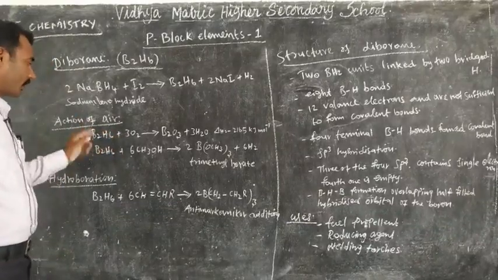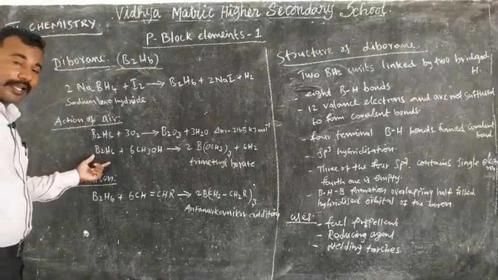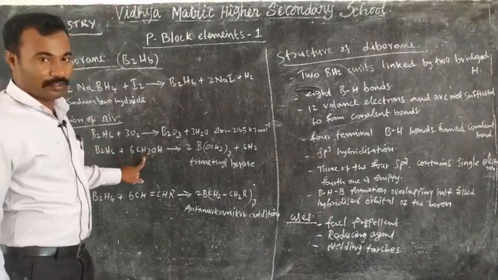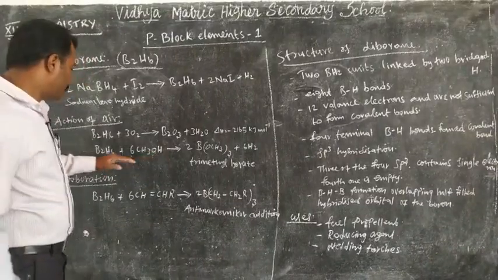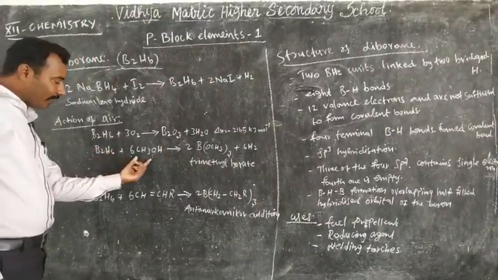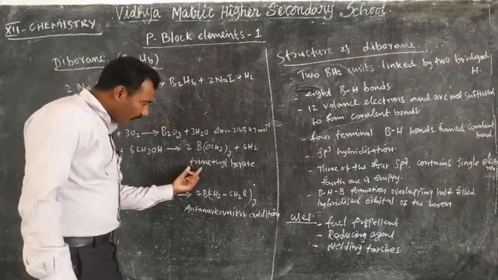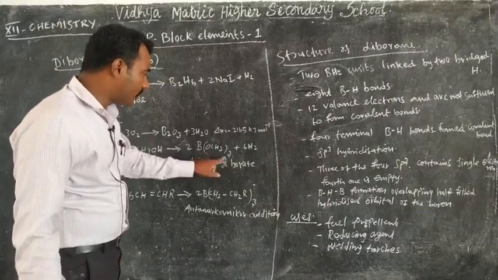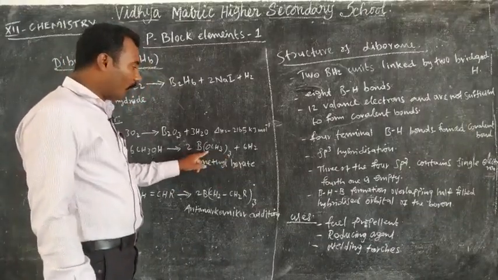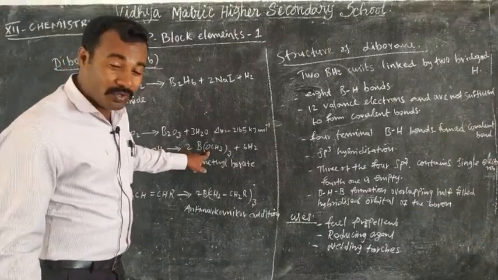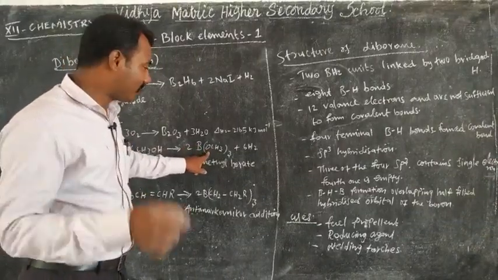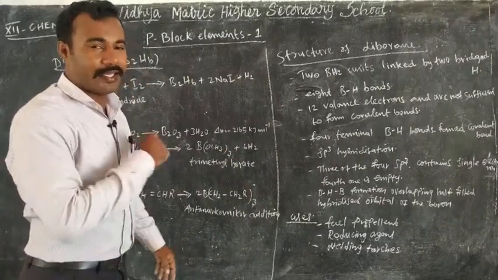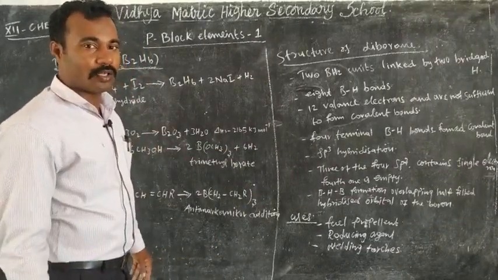Okay, good. The next one, diborane reacts with alcohol, that is methanol, CH3OH, methyl alcohol. Diborane reacts with methanol to form trimethyl borate, CH3 methyl, and hydrogen. How to write the reaction? Diborane reacts with alcohol.